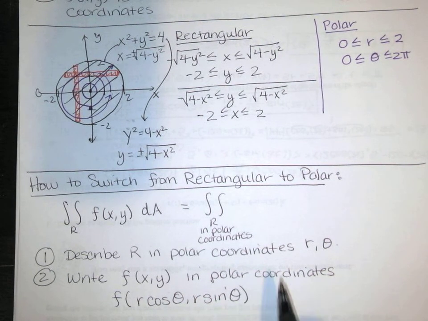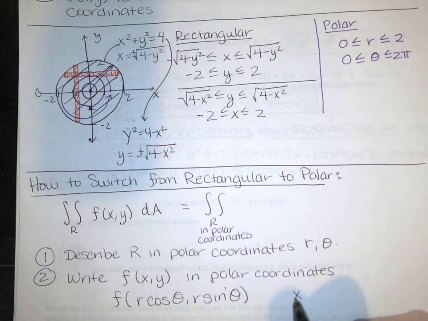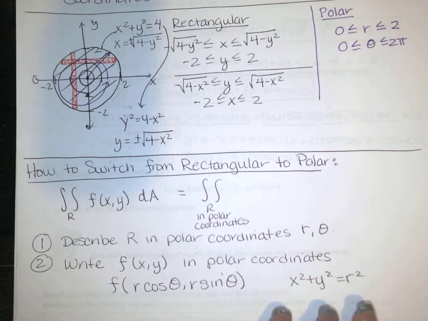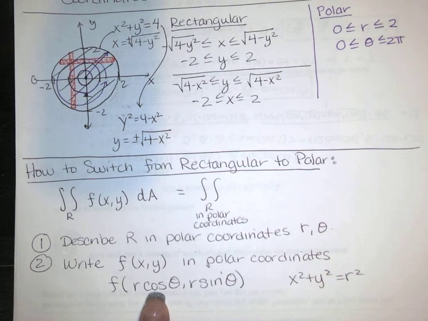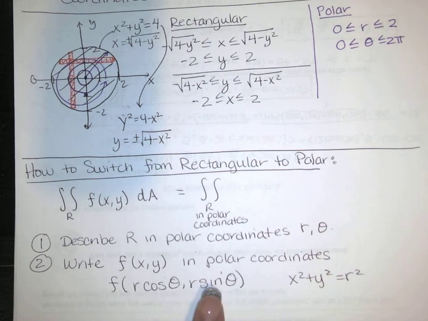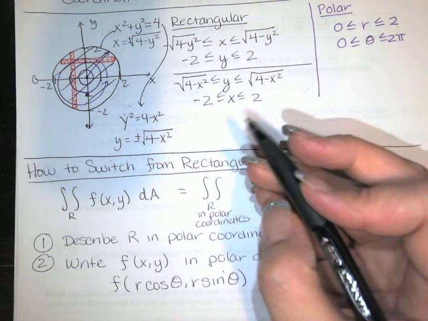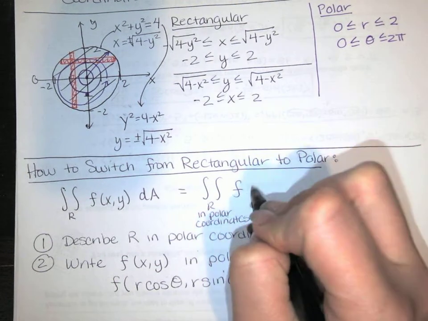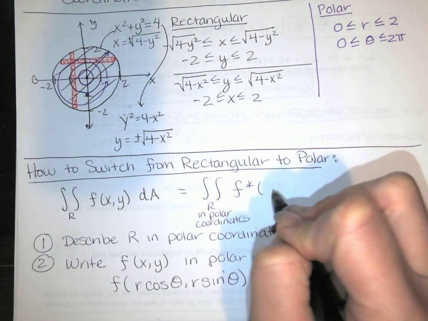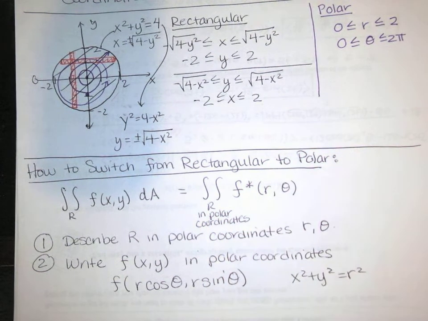And of course, if you have x squared plus y squared anywhere, you can replace it with r squared. So that sometimes simplifies things. If I take r cosine theta, square it, and add r sine theta squared, simplify, I'm going to get r squared. So we need new bounds, and we need an integrand in polar coordinates. I'm just going to write that as f star of r theta.